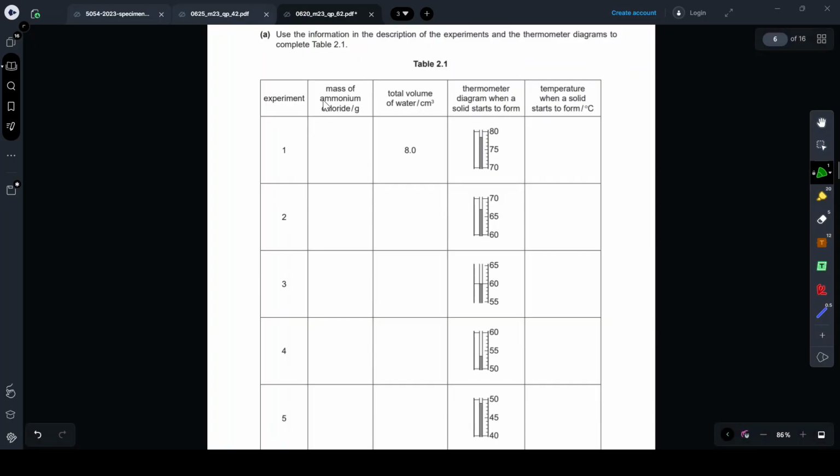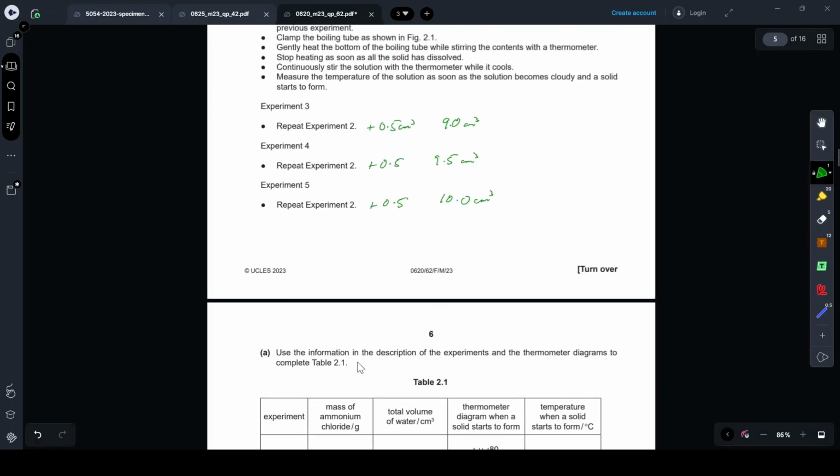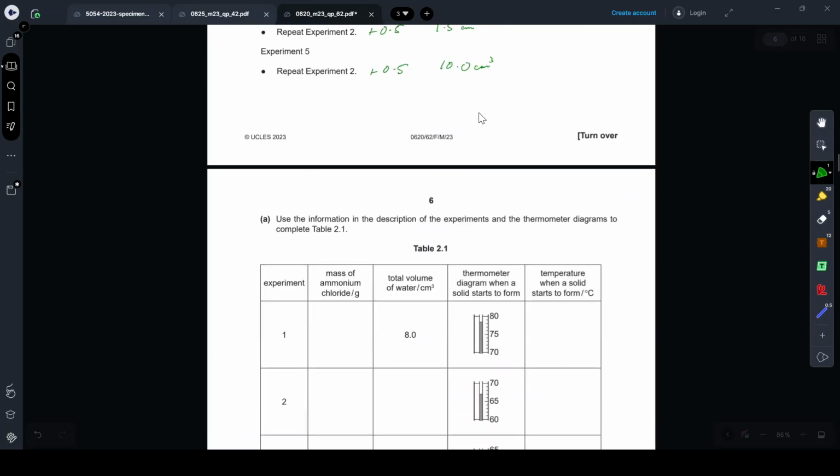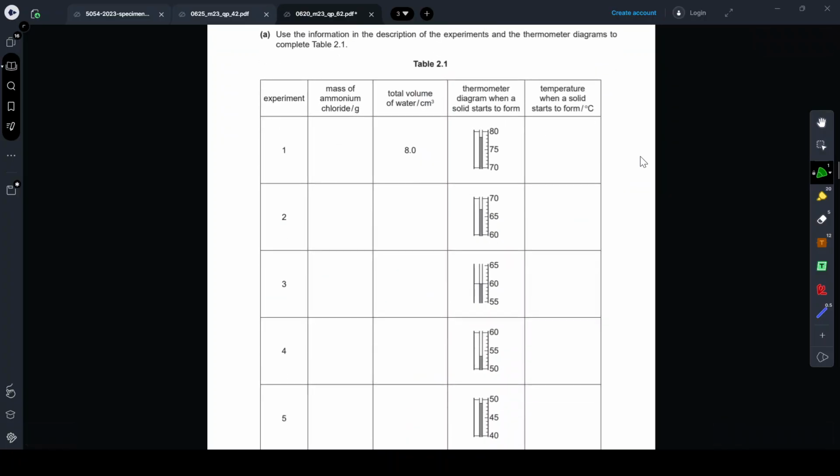Okay, so first they're asking what's the mass of ammonium chloride used in these experiments. So if you go back to the instructions, right, the only time you're adding ammonium chloride is 5.25 grams, and you're using that same amount in all the experiments, right? So the mass of ammonium chloride is going to be 5.25 for all the experiments. You're not adding anything above that. Yeah.